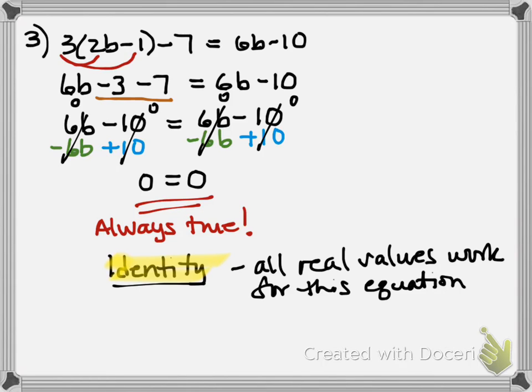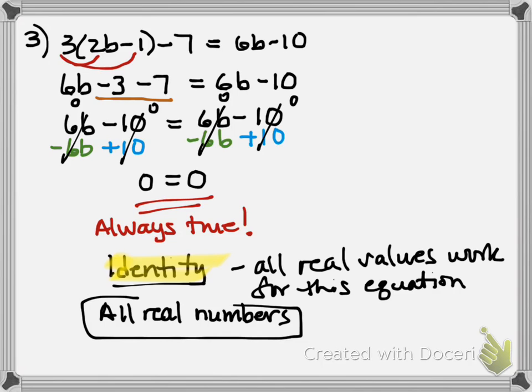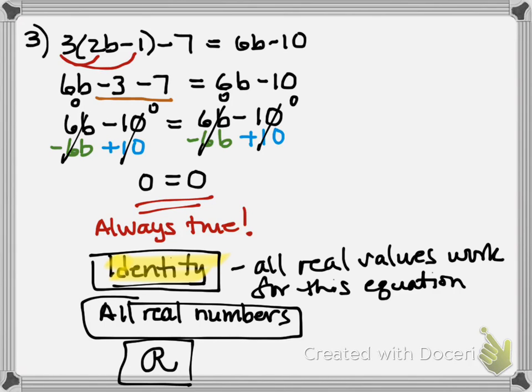So one way we can write the answer is using the word identity. The other is what Johnny Ray said, all real numbers. So that means fractions and decimals, positives and negatives. That's another way of writing the answer. And then the last way is I gave you a symbol for this, and that's kind of this cursive R. Okay, so that's another way to write the solution here.